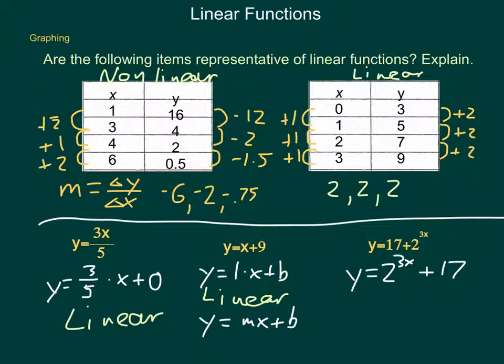In my linear function, I have it written in the form y equals mx plus b, where x is a multiplier of my rate of change, or my slope. In this function, my x is part of an exponent, and I don't have that anywhere else. So I'm going to say no, this is non-linear.